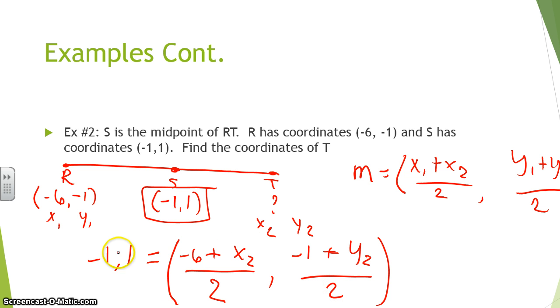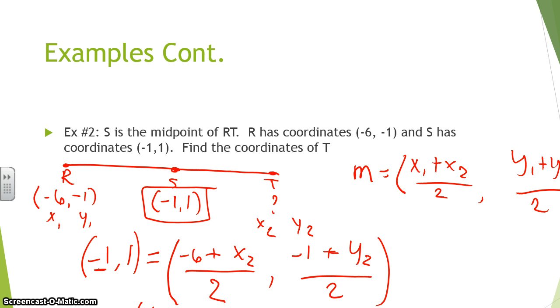For solving for x, my midpoint x value is -1. So I'm going to look at -1 and then just solve for my x part of this. We have -1 equals (-6 plus x2) divided by 2. We're going to solve this now using order of operations to find my x2. To get rid of the 2 in the denominator, I'm going to multiply both sides by 2.